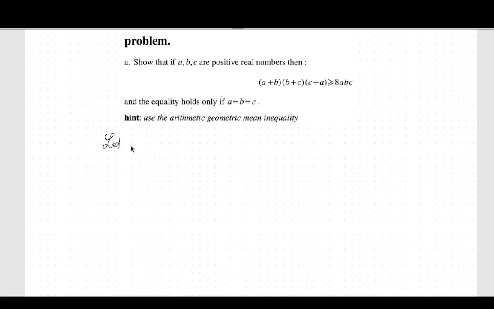Let a1, a2, a3, a4, etc. until an be n positive real numbers.